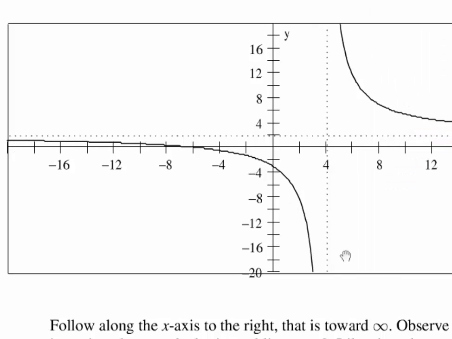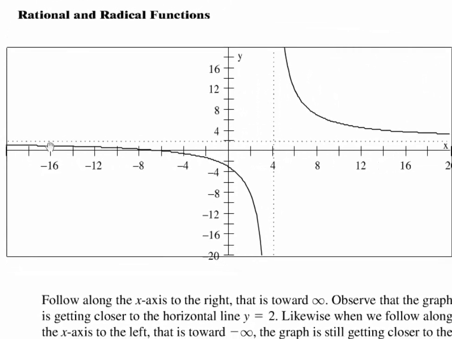So that means we can assume that there's an imaginary dotted line that we never touch, and the equation of this imaginary dotted line is y equals 2. So we have a horizontal asymptote at y equals 2, and we have a vertical asymptote at x equals 4. So the vertical asymptote goes through the point where x equals 4, (4, 0).